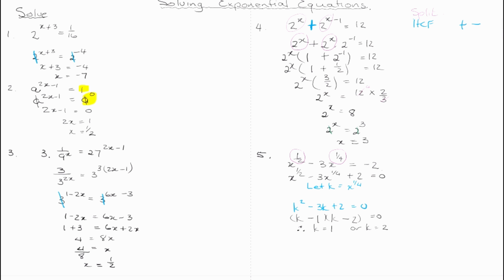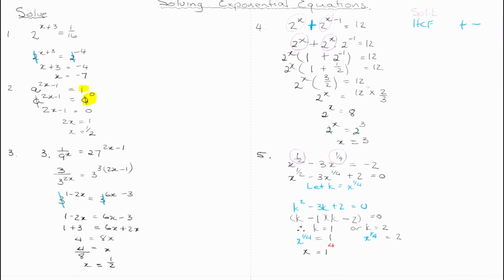But you must now go back to your x's, so replace your k's now with x to the quarter and x to the quarter equals 1, equals 2, and then different methods for different teachers. x equals 1. If that is the power of a quarter, it stays as a power and turns upside down.